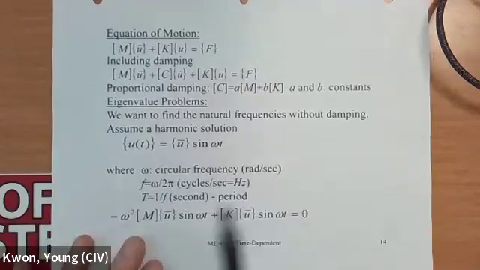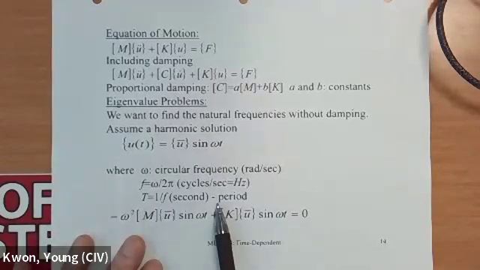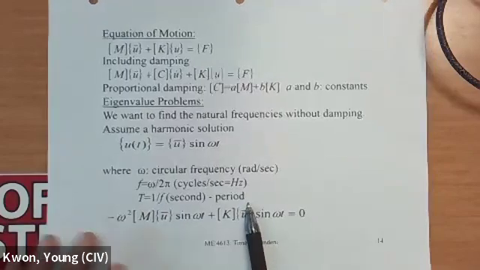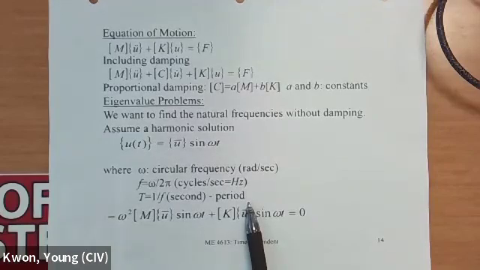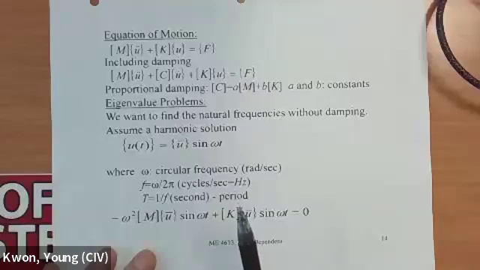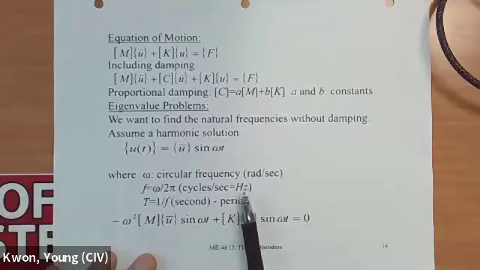And then the period, how long it takes to make one cycle, is 1 over f, and that's written here as capital T. So frequency and period have an inverse relationship, and you need to be a little careful between regular frequency and circular frequency.